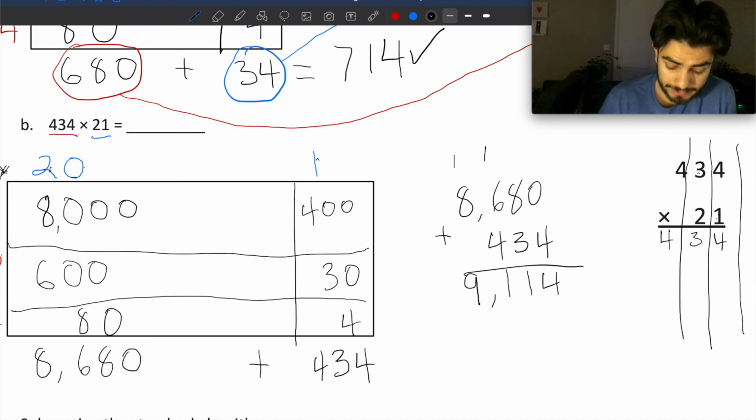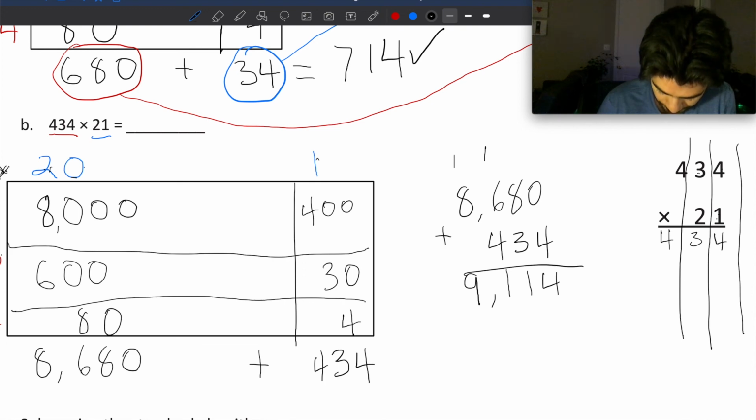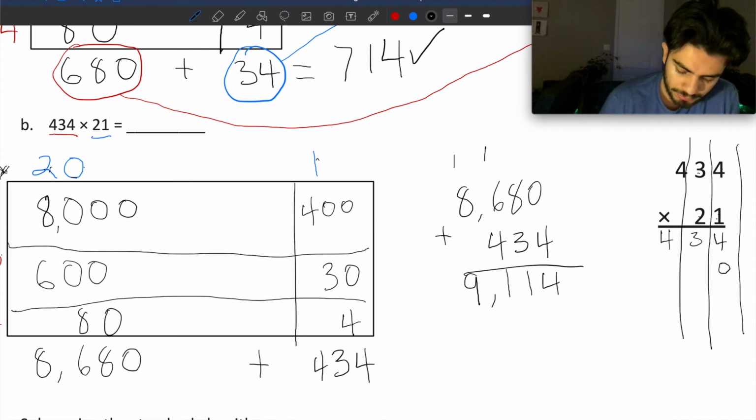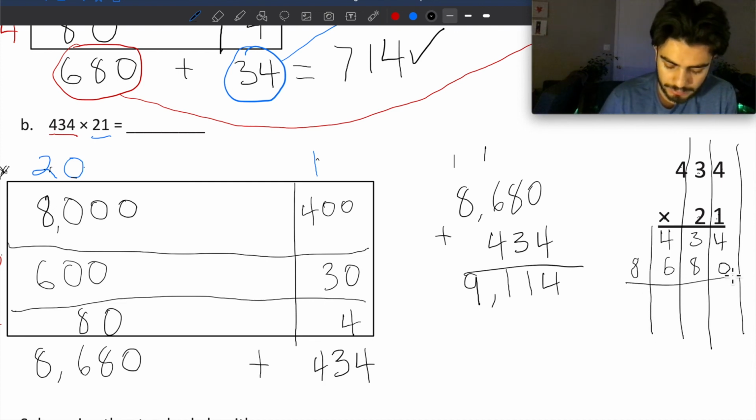Now we move on to the tens, so you have to make sure that you add that 0. 2 times 4, 8, 2 times 3, 6, 2 times 4 will give me 8. And let me add another place value here. Now your last step is going to be to add them.